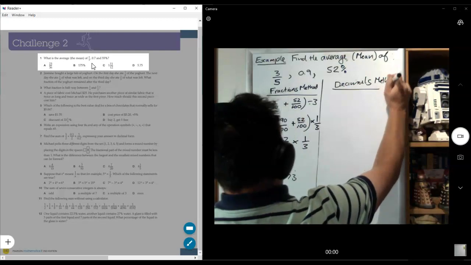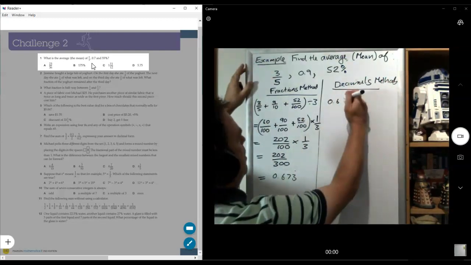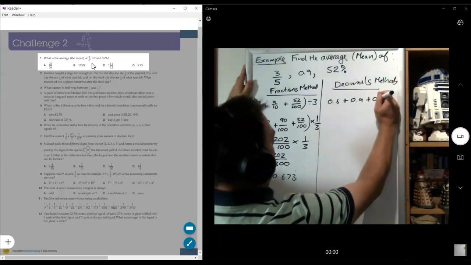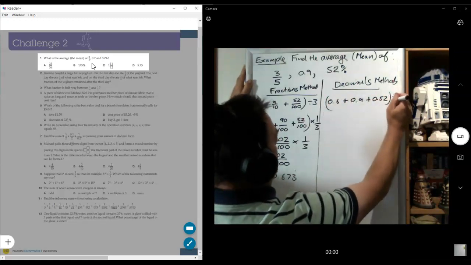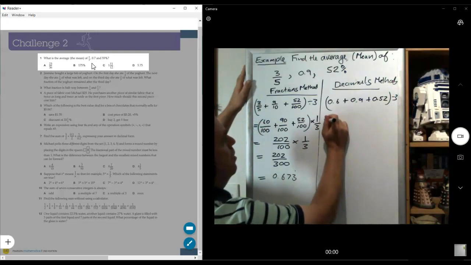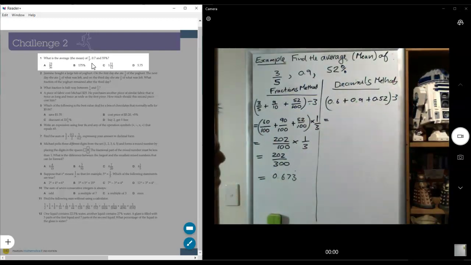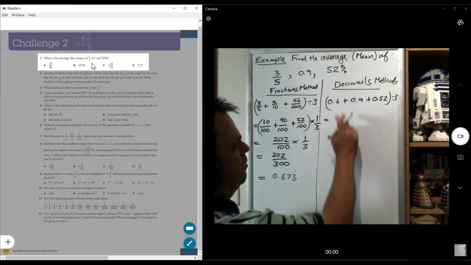So with decimals, 3/5 is 0.6, 3 divided by 5, you can check, 0.9 and 0.52. And you'd be dividing that by 3. So you see it's still a case of you still got to add those up, and I would suggest to you that you would probably want to use a calculator if you were doing this.